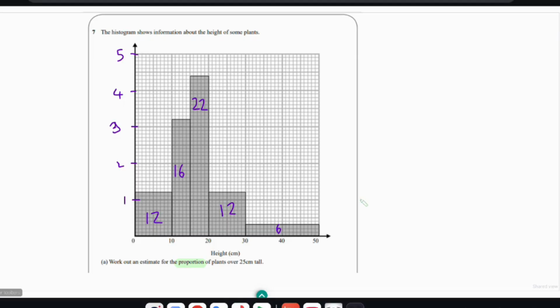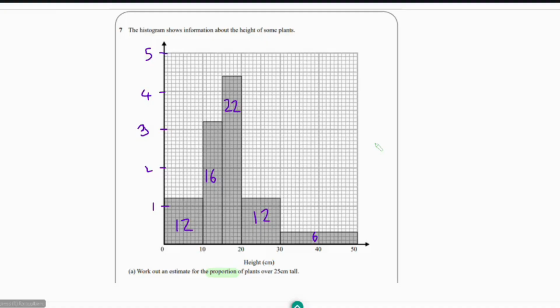Okay, so how many plants are there altogether? Let's just add all these up. So we've got 68 in total.